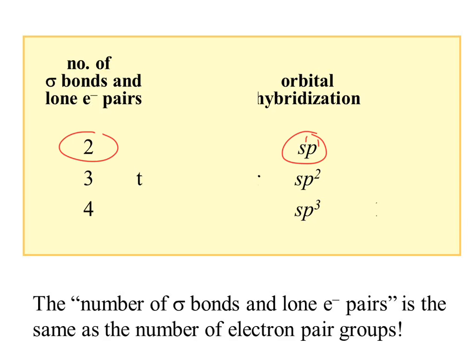In the second case, with 3 hybridized orbitals participating in sigma bonds or lone pair electrons, it has taken one of its s and 2 of its p. 1 plus 2 is 3. And last but not least, this atom has taken one of its s and 3 of its p atomic orbitals, hybridized them together, and spit back 4. So 1 plus 3 is 4. That's the hybridization going on behind the scenes.